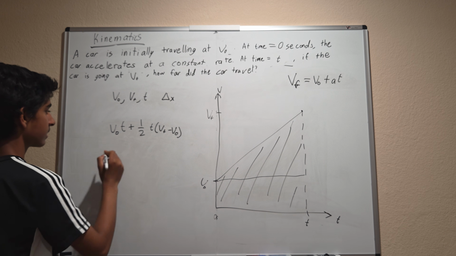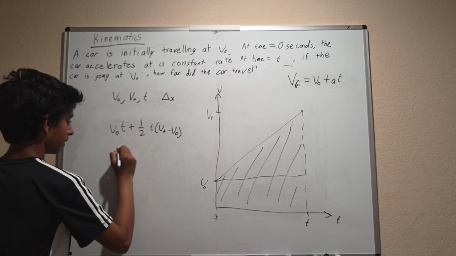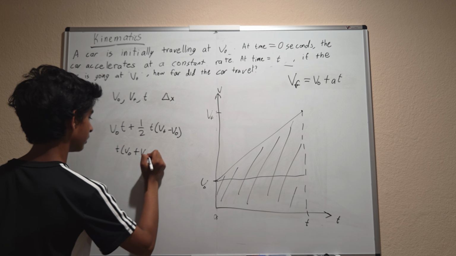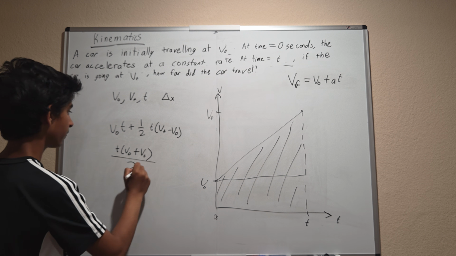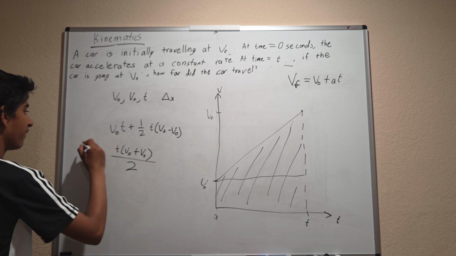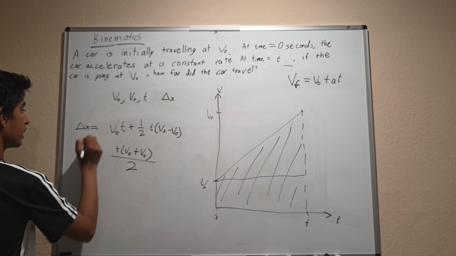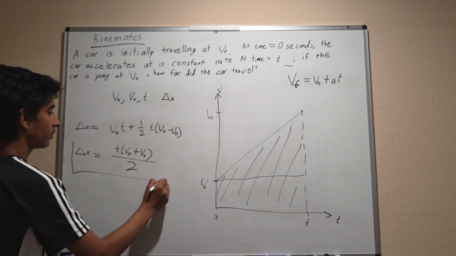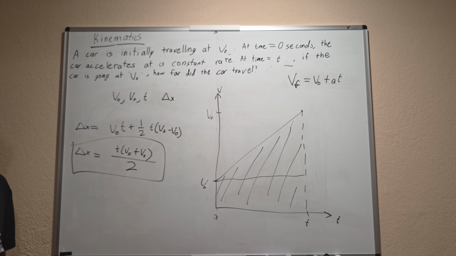And this simplifies to time times v0 plus v final divided by 2. And since this is the area underneath the velocity versus time graph, this is the displacement, and so is this. So we've just proved the second kinematic equation.